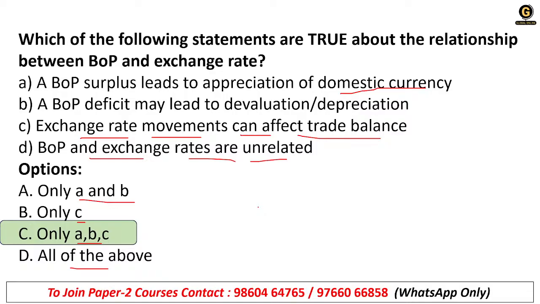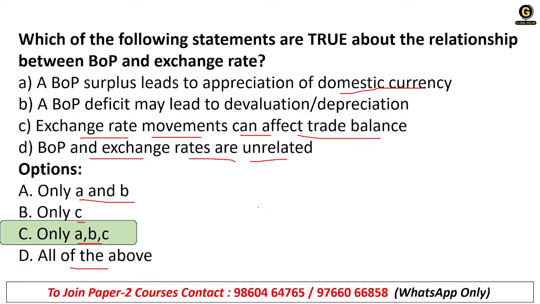Okay, understand the question first. What is the question asking? Which of the following statements are true about the relationship between BOP and exchange rate? So there is a relation between the BOP and exchange rate, and they both are closely connected, right? So a BOP surplus, which we have discussed in the previous question itself, leads to the appreciation of domestic currency.